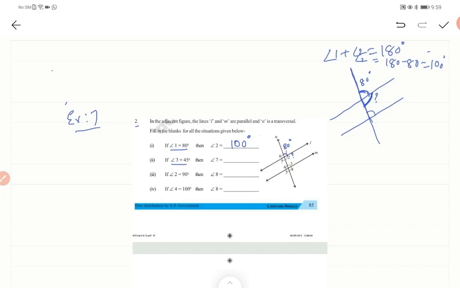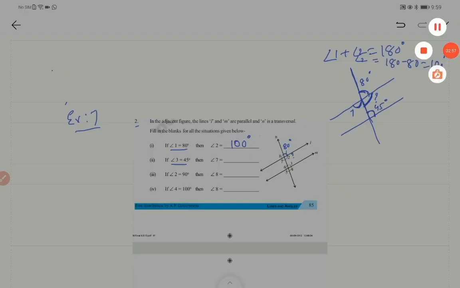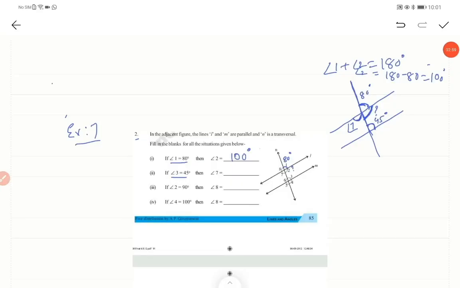Next blank: angle 3 is 45 degrees, and they're asking us to find angle 7. What angles are these? Are they alternate angles or corresponding angles? Sorry, they are alternate angles.